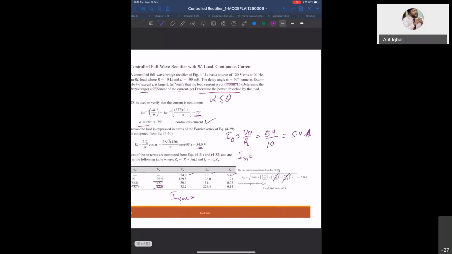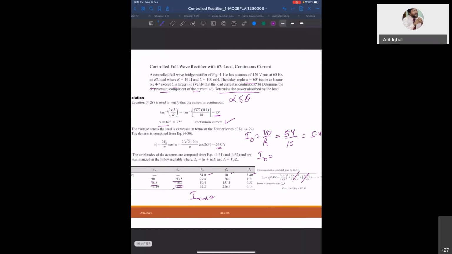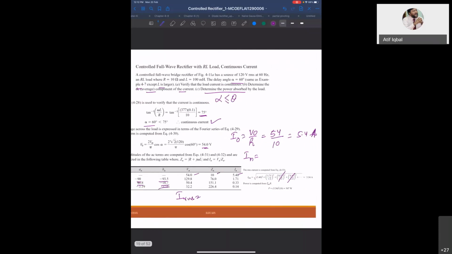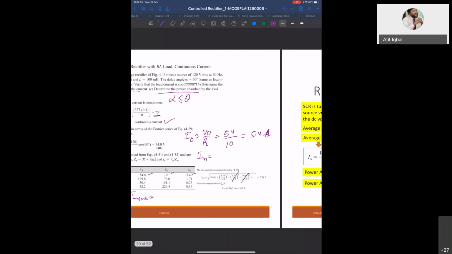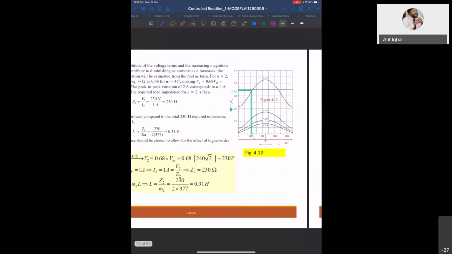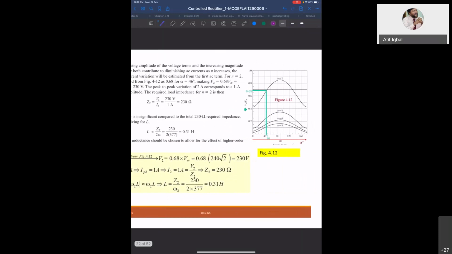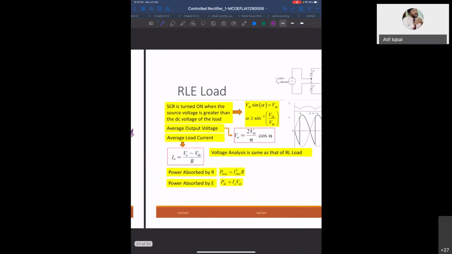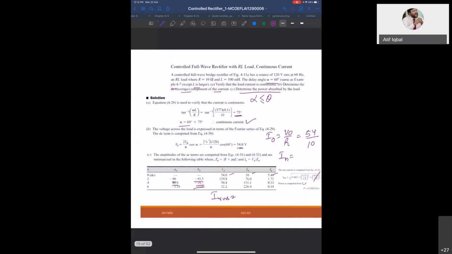So what we can do is use the graph to calculate Vn. We can use the graph also here to calculate Vn.